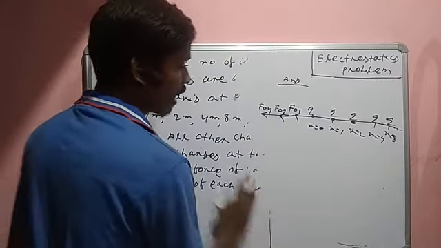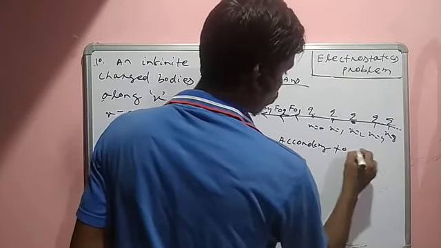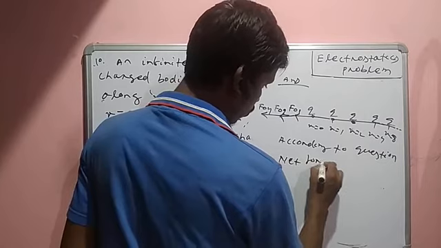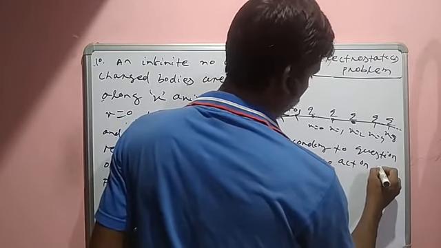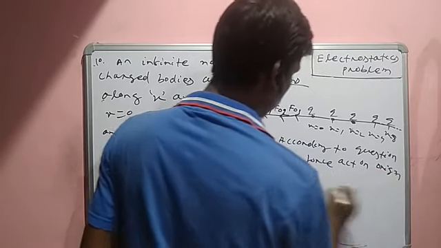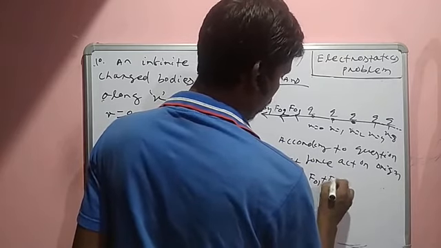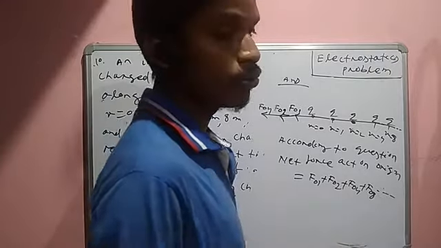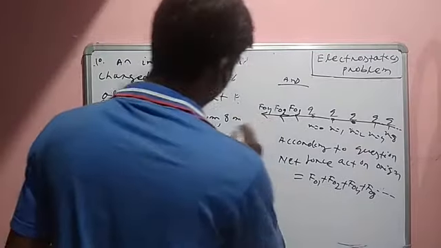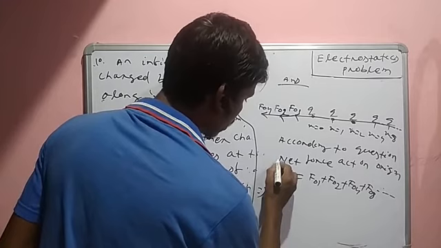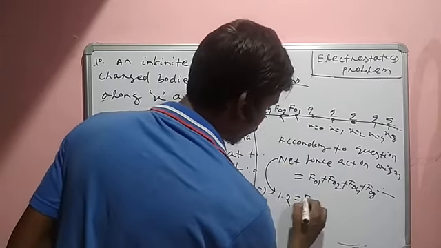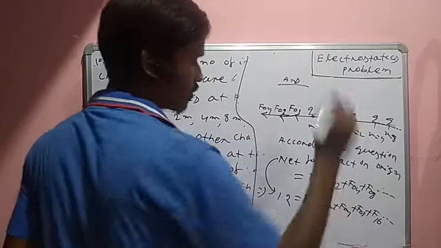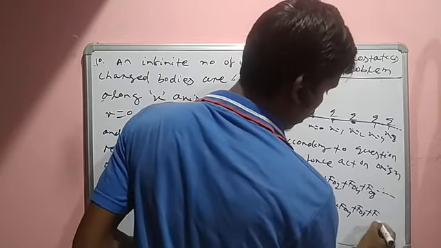From this, the total force acting on the origin charge is the algebraic sum of these forces. According to the question, the net force acting on the origin is equal to F01 plus F02 plus F04 plus F08, and so on, that is equal to 1.2 Newton. So the net force is 1.2 Newton, F01 plus F02 plus F04, F08, F016.